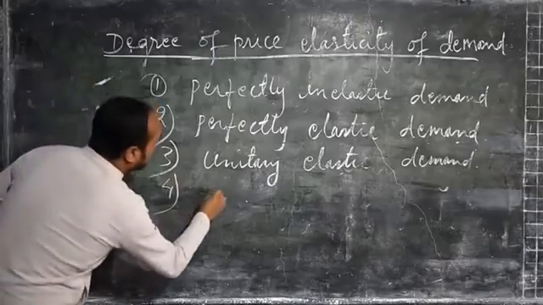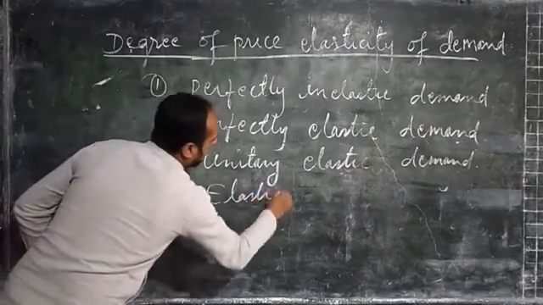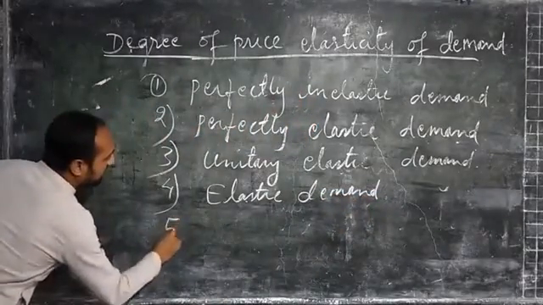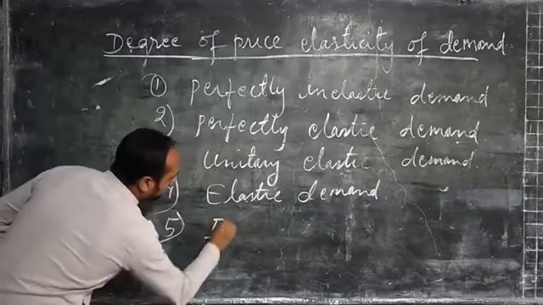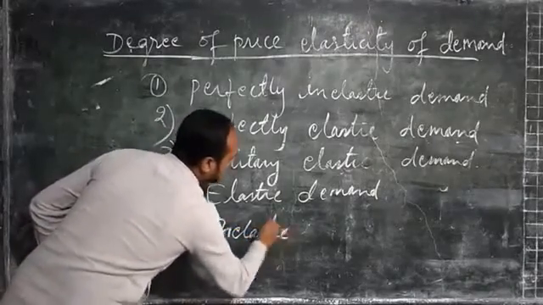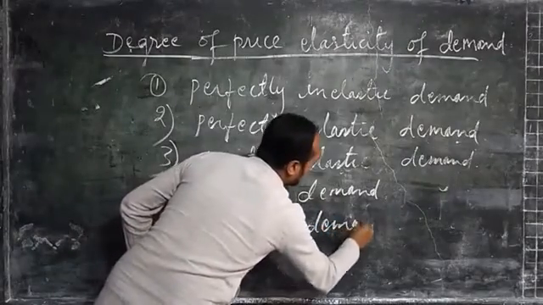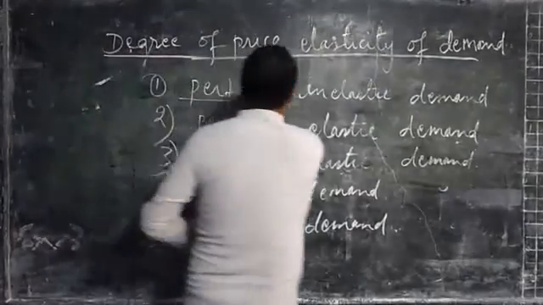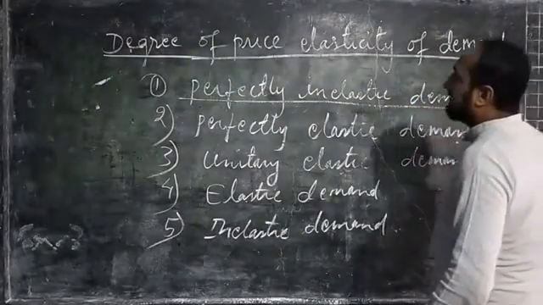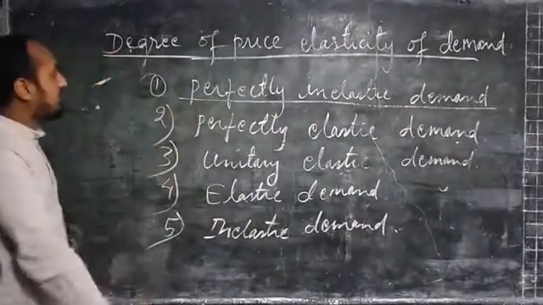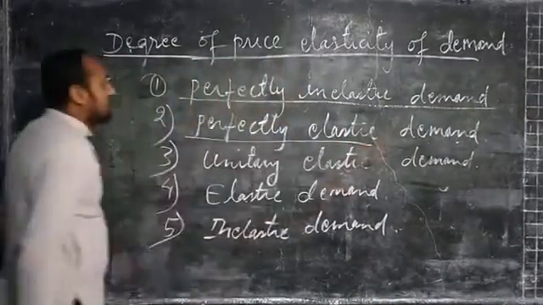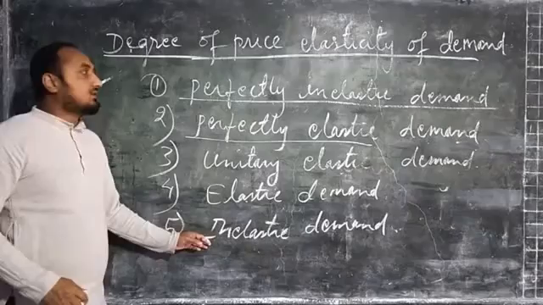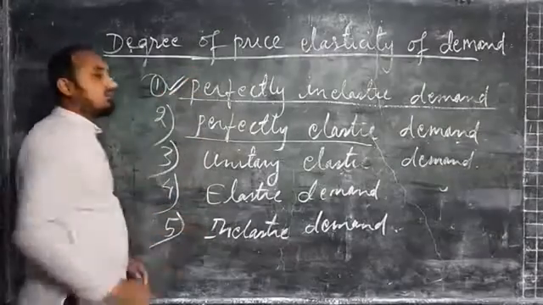Number 4 we have elastic demand, and number 5 we have inelastic demand. Now we are going to discuss the different types of price elasticity of demand. That is, what do you mean by perfectly elastic demand, what do you mean by unitary elastic demand, what do you mean by elastic demand and inelastic demand. So we will go one by one.